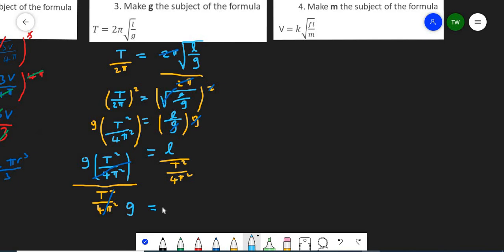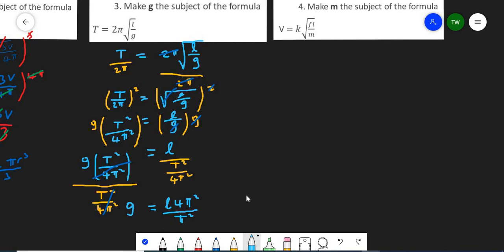So this is going to equal L times 4 pi squared all over T squared. And we're finished for this one. So just remember that dividing by the fraction here is the same thing as saying L times 4 pi squared over T squared.